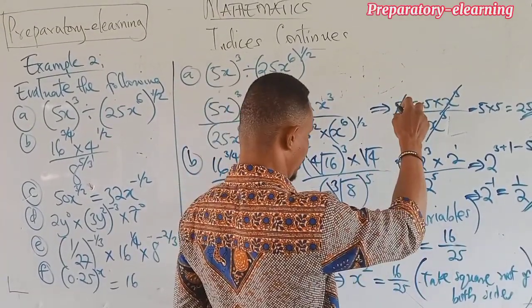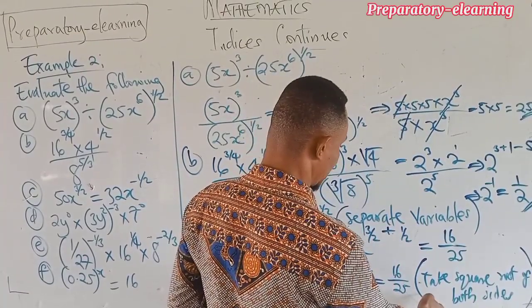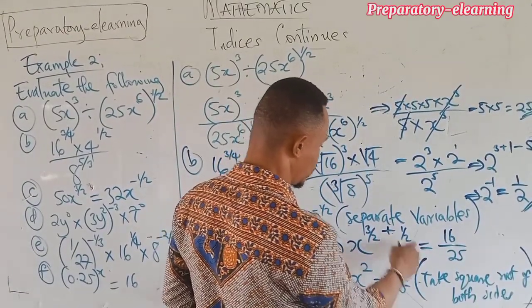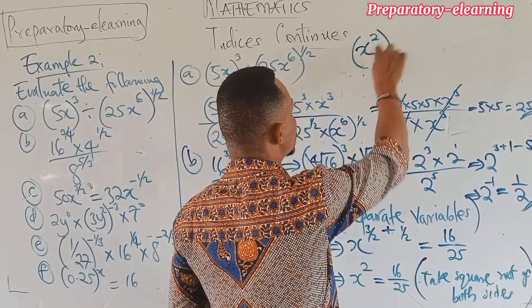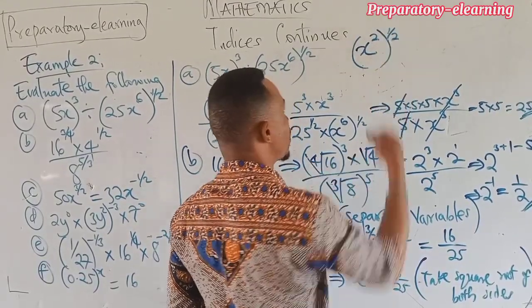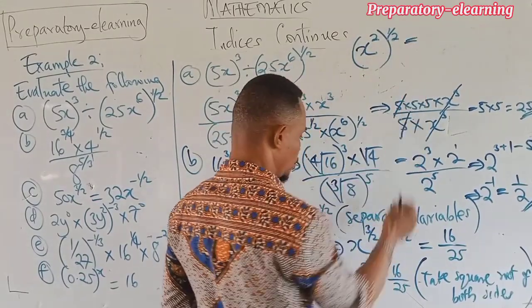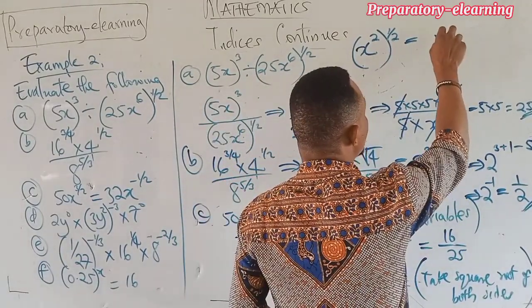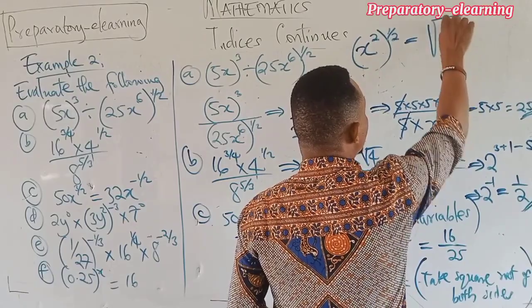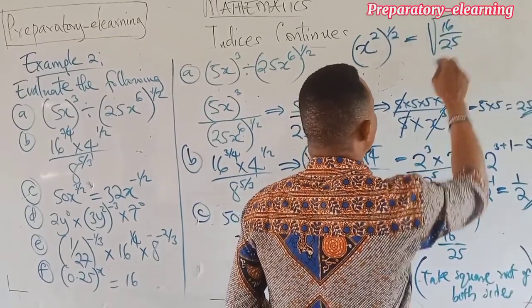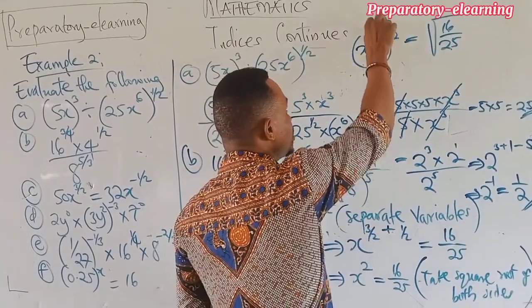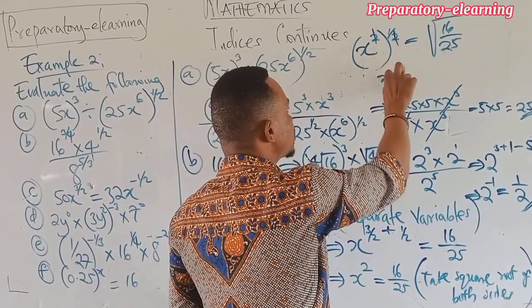So you're going to have take square root of both sides. That means here you put square root, here you put square root. Just like saying x power 2, square root is what? Power 1 over 2. You can either put it like this or power 1 over 2. What do we have? These 2 can cancel these 2. We have just x remaining there.